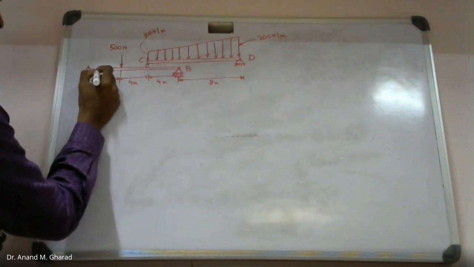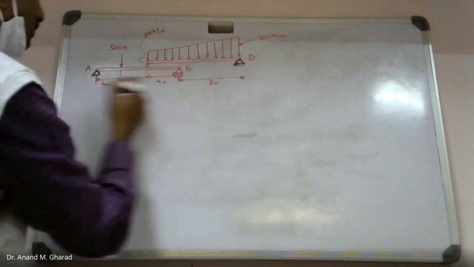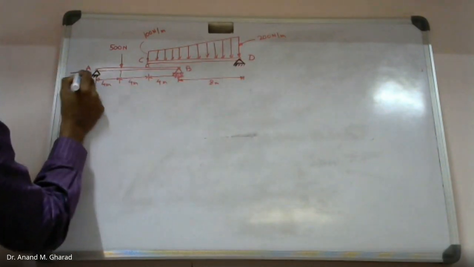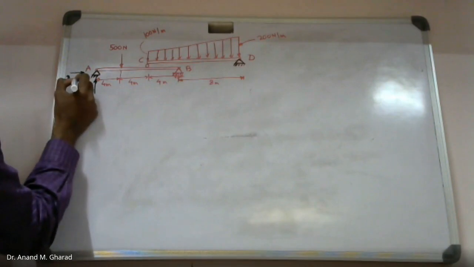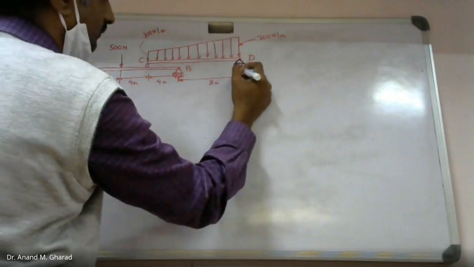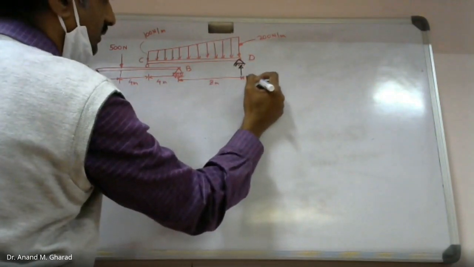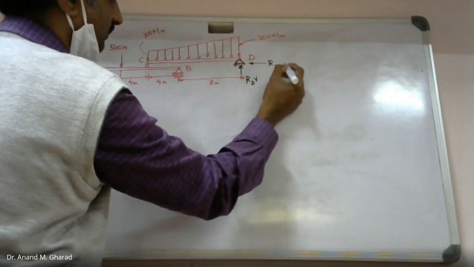This is hinge number 1. This is hinge 2. So at a hinge, you will expect two reaction forces, RAH, RAV, and RDV, RDH.